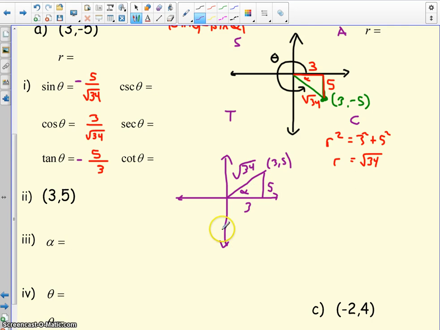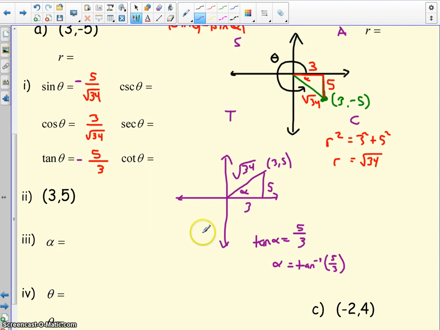So if I want to solve for alpha using the opposite and the adjacent side, well, tan of alpha will be equal to opposite over adjacent, or 5 over 3. So to solve for alpha, it would be the tan inverse of 5 over 3. Now I don't have to use tan.